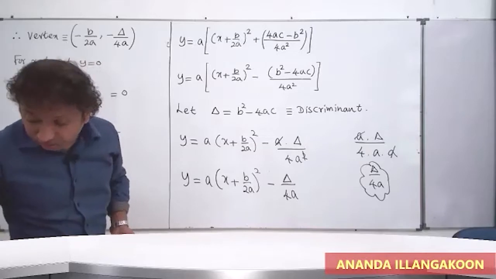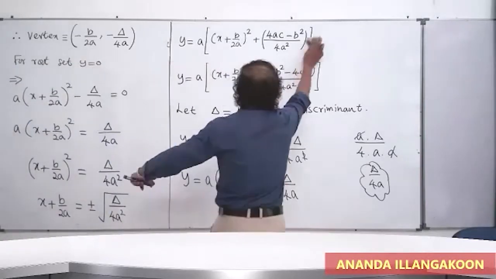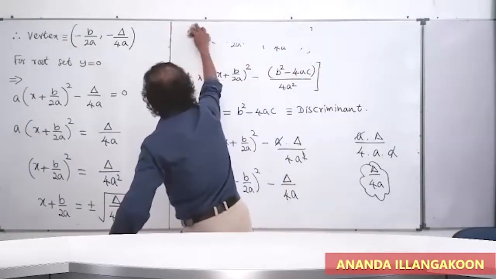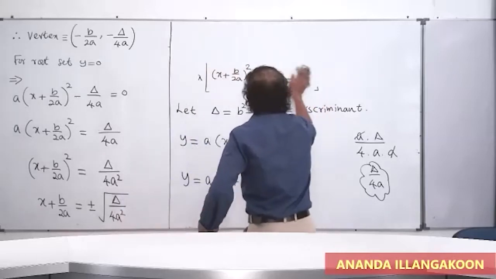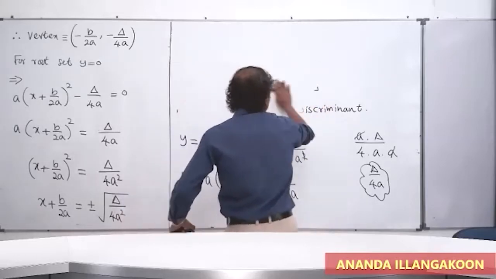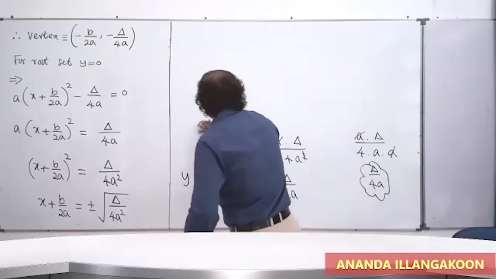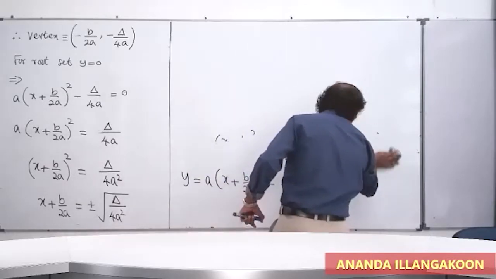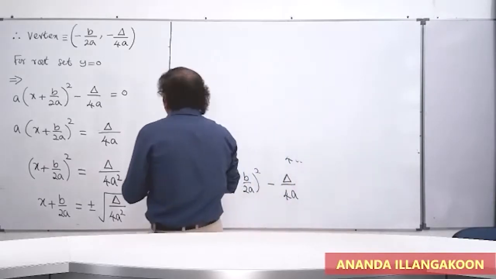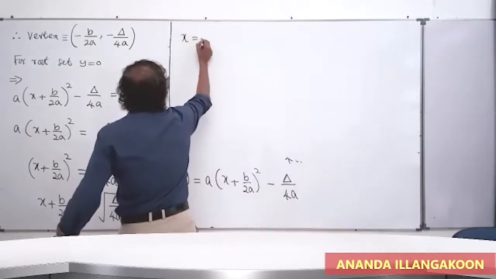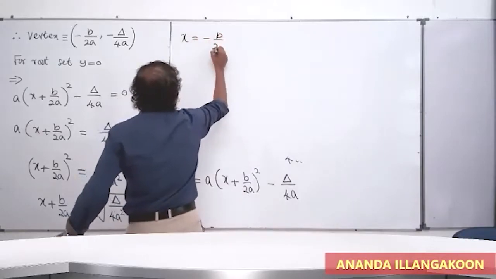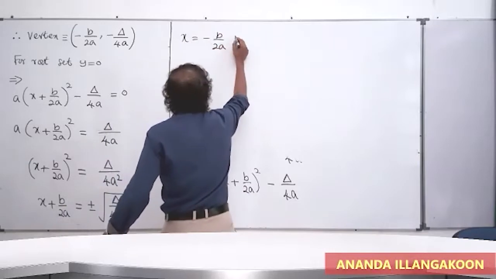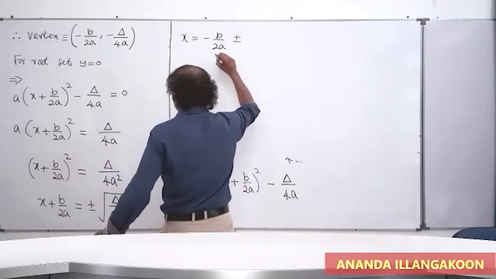And then let's see what we get. I write that we are here. Okay, then what you get is x equals minus b divided by 2a. It's now plus or minus.